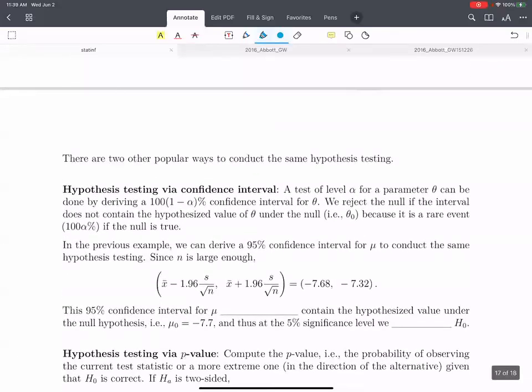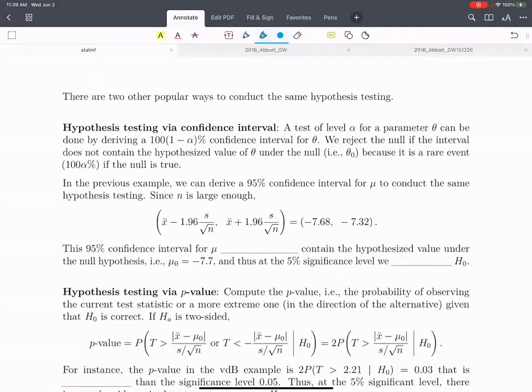There are two other ways to conduct the same hypothesis testing, and the first one is exactly related to the first question: hypothesis testing by confidence interval. We can actually do the same hypothesis testing by deriving a confidence interval with the same significance level and see whether the hypothesized value under the null is inside the interval. For example, in the same example, I derive a 95% confidence interval using scenario 3 in the interval estimation.